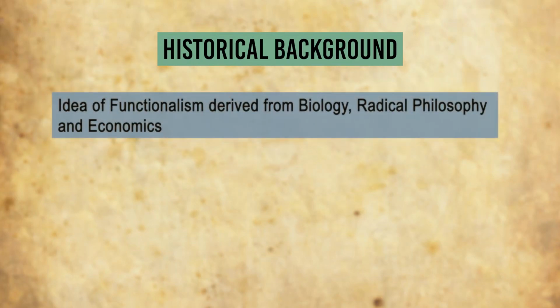The idea of functionalism was basically derived from biology, radical philosophy, and economics. Let me tell you the story of how. After the French Revolution, there was, as with all revolutions, entire chaos all over the society.